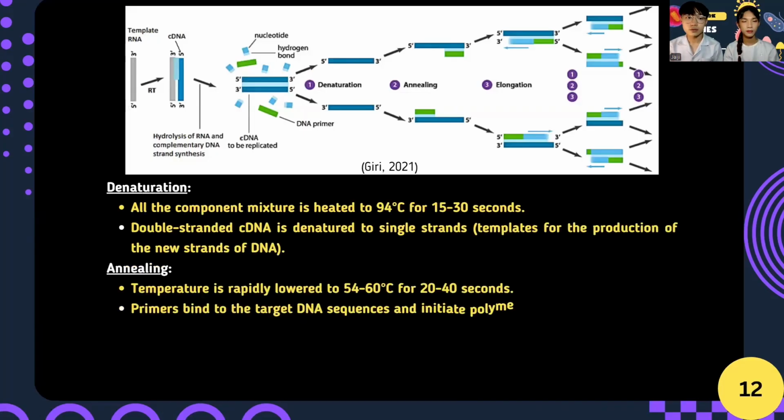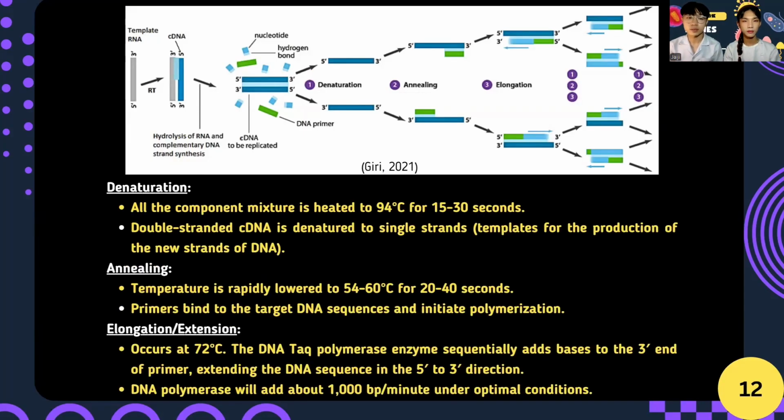This slide shows all three major steps of RT-PCR. First is denaturation. The whole mixture is heated to 94 degrees Celsius for 15 to 30 seconds. This step has the highest temperature, and the double-stranded cDNA is denatured to single strands, which act as templates for the production of new strands of DNA.